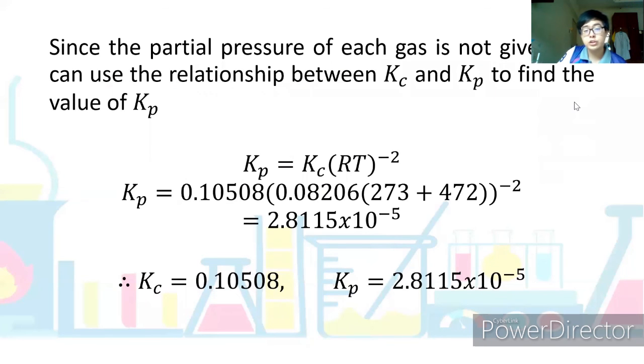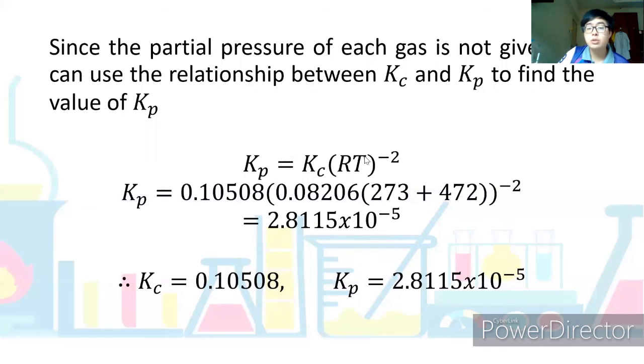Now let us move on to find the Kp of it. Since the partial pressure of each gas is not given, we can use the relationship between Kc and Kp to find the value of Kp. The equation has been derived here. If you are still not sure, please rewind back and refer to it. So by having this, we can get 0.10508, which is our Kc, R, 0.08206, and T is the absolute temperature.